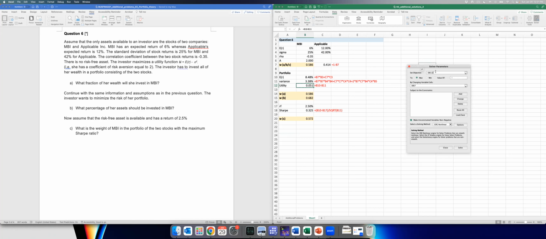So we can change our solver. Now we want to choose a W that minimizes the variance, which is B11. So you put down B11 here, and you change the objective to minimize instead of maximize. The choice variable is again the portfolio weight, B7. Then you click Solve.